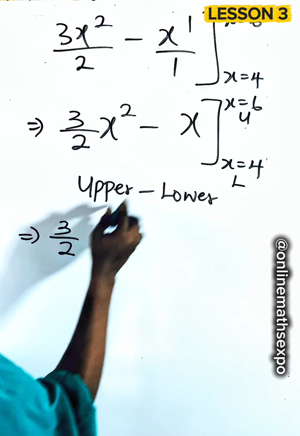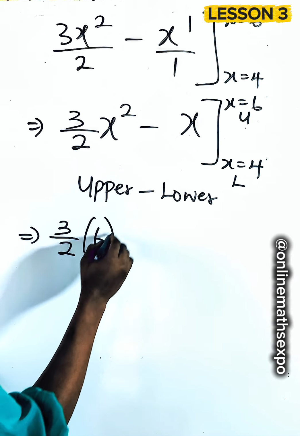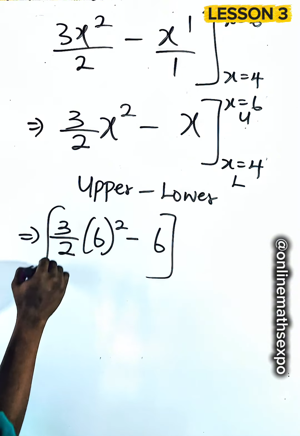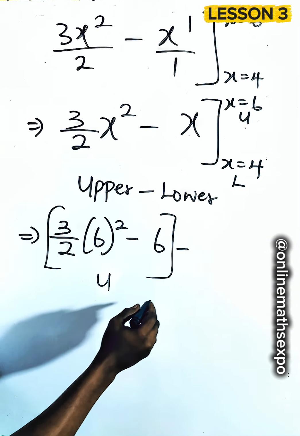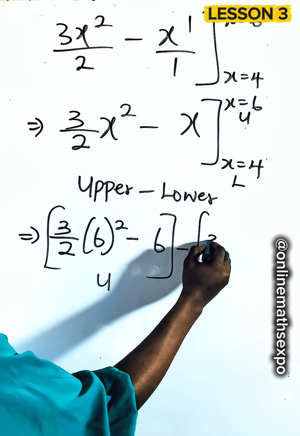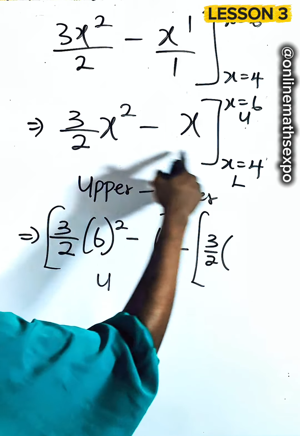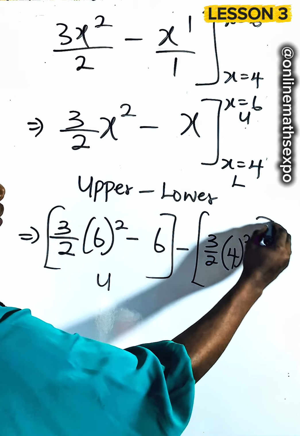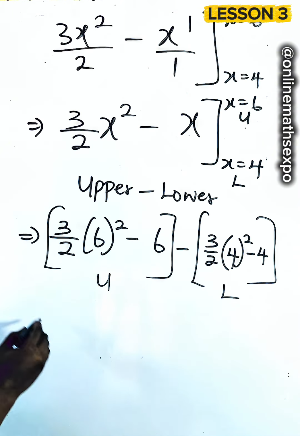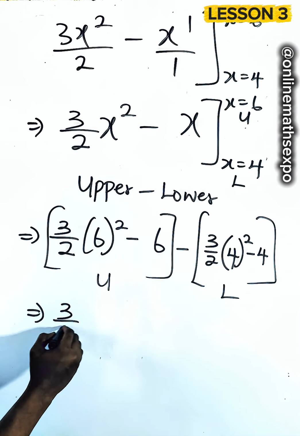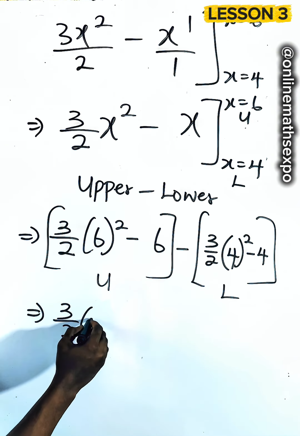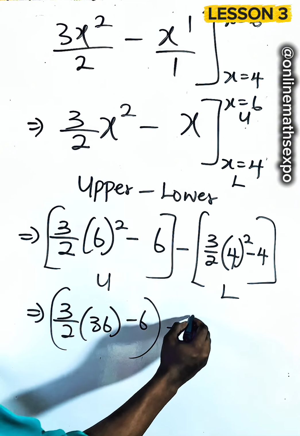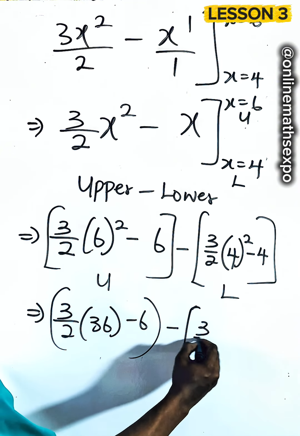Our x for the upper is 6. So we have 6 squared minus still 6. So this is your upper minus your lower. So we have 3 on 2 into our lower, which is 4. So we have 4 squared minus 4. This is our lower. So if you simplify, you have 3 on 2, 6 squared is 36 minus 6, minus 3 on 2.